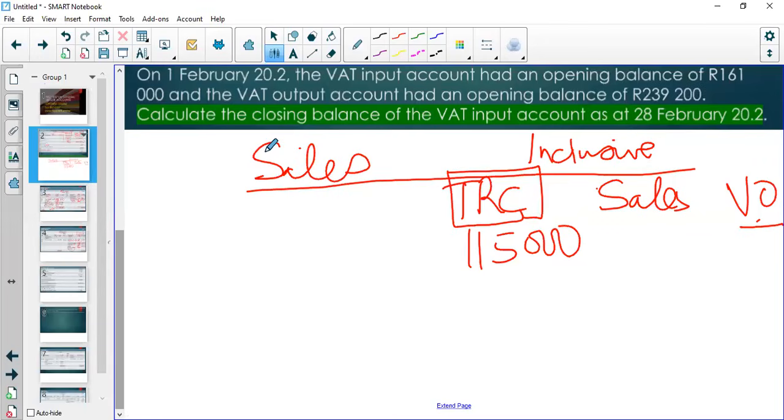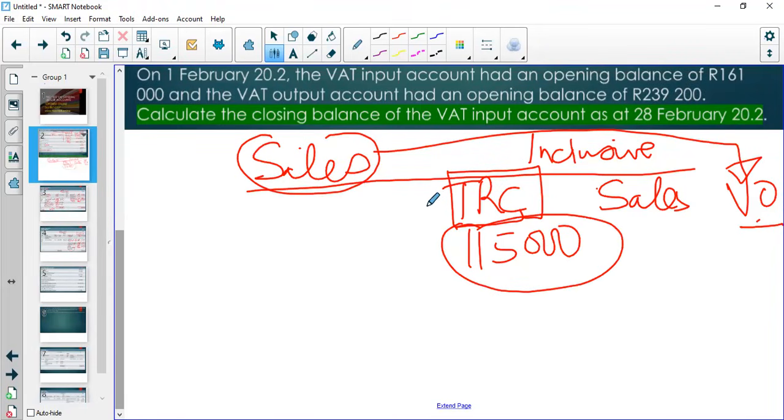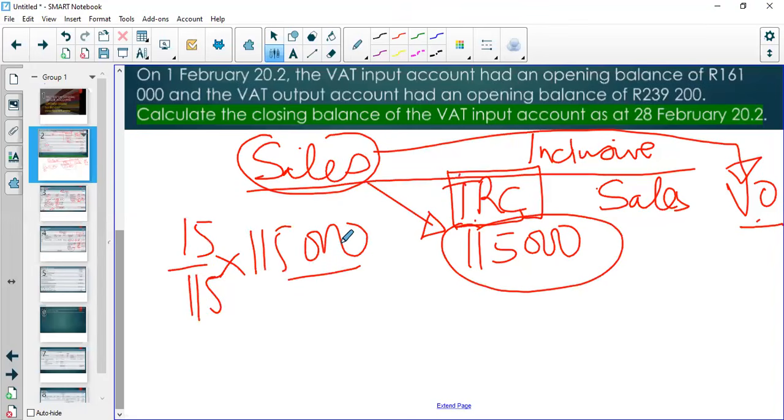So sometimes under the sales journal, they won't give you the actual VAT output. They will give you the amount under trade receivables control. And you as the student, you need to remember that trade receivables control is recorded inclusive of VAT. So you're going to say 15 over 115 multiplied by 115, right? Then you get your VAT output that you need to put.